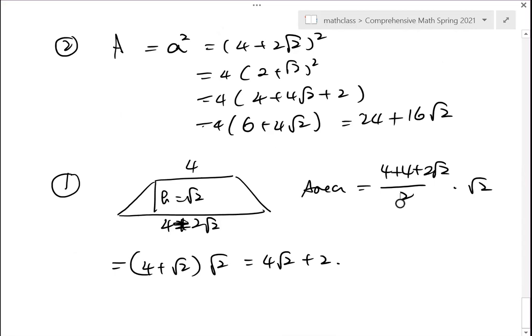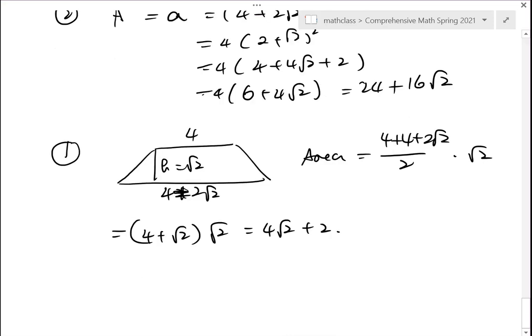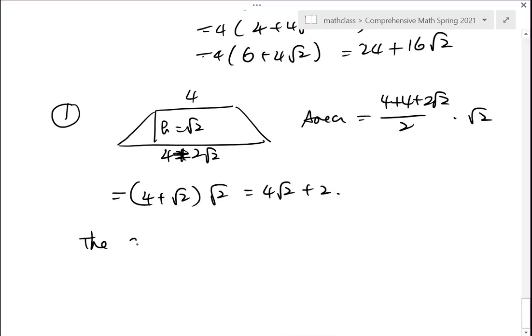Octagon, right? You have 4 pieces here. So the total area is going to be the area of the square inside. We already got it, right?